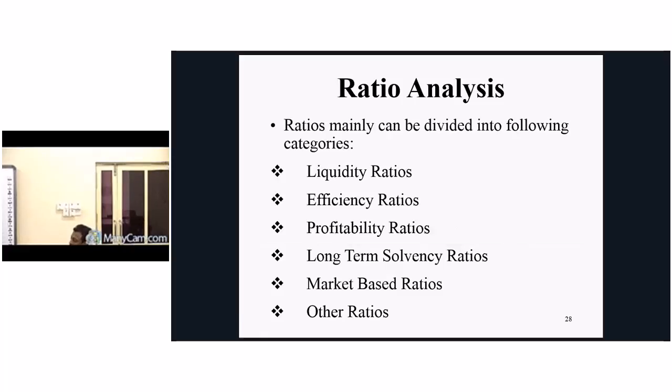Under investors ratio or some other category? Efficiency ratio. What kind of ratio is it? What does it show? Earning per share. What ratio? Efficiency, profitability.